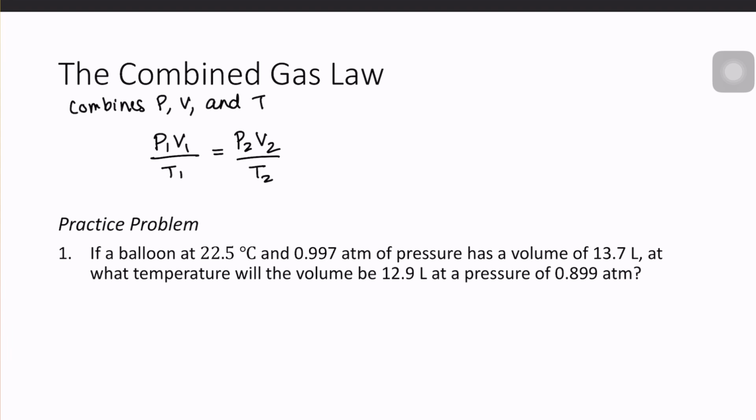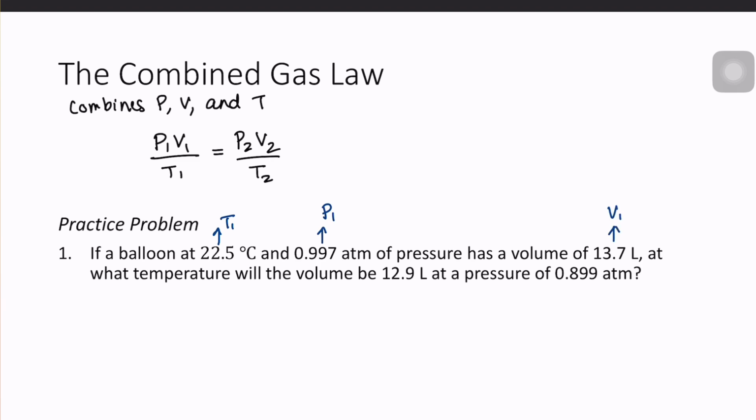So let's look at an example of this. If a balloon at 22.5 degrees Celsius, this is my T1, and 0.997 atmospheres, we're starting out, so this will be my P1, has a volume of 13.7 liters.